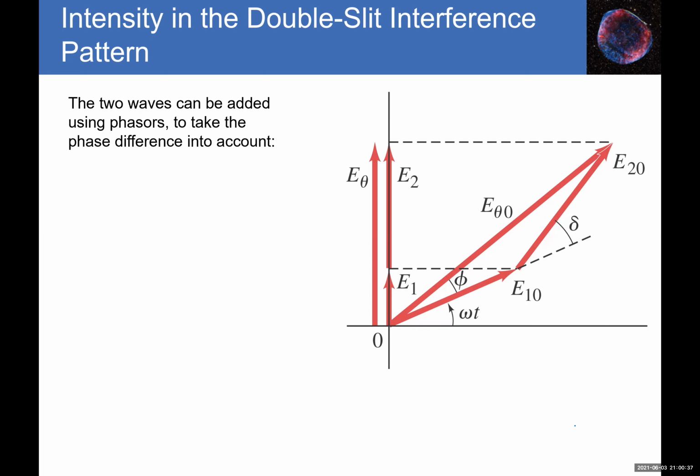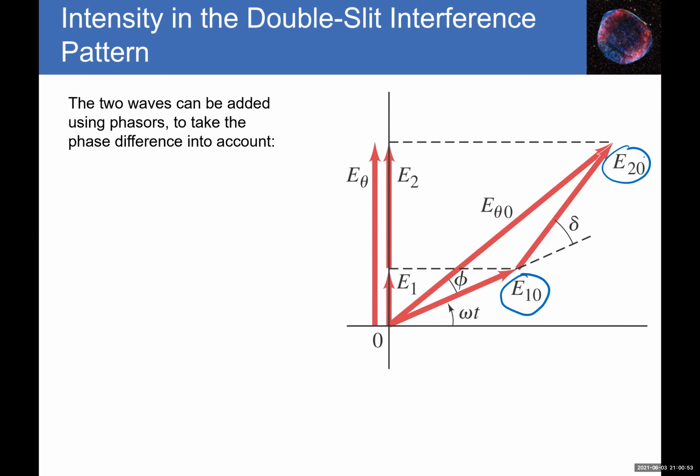The same thing we can do here, because we have E10, which was the amplitude of that vector E1, and E20, the amplitude of the vector E2. So we can add them together like this as phasors.